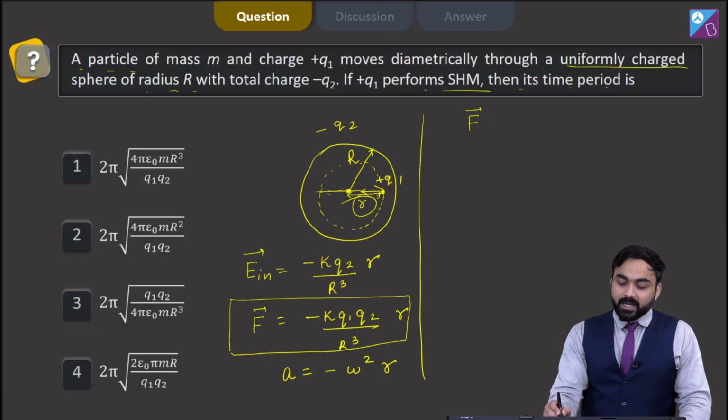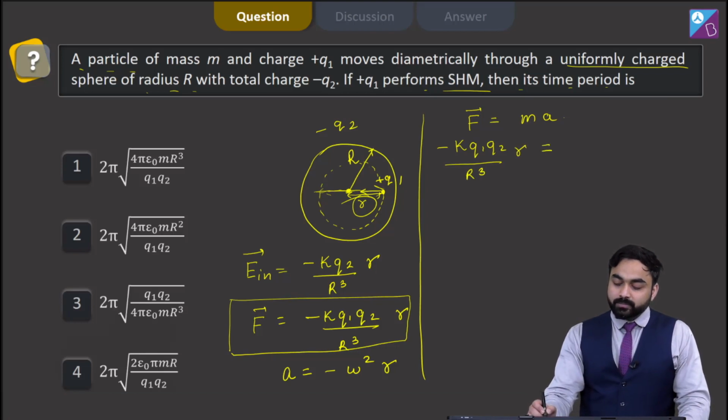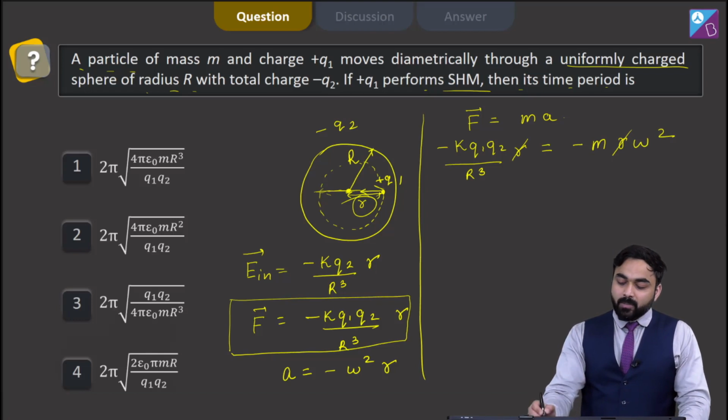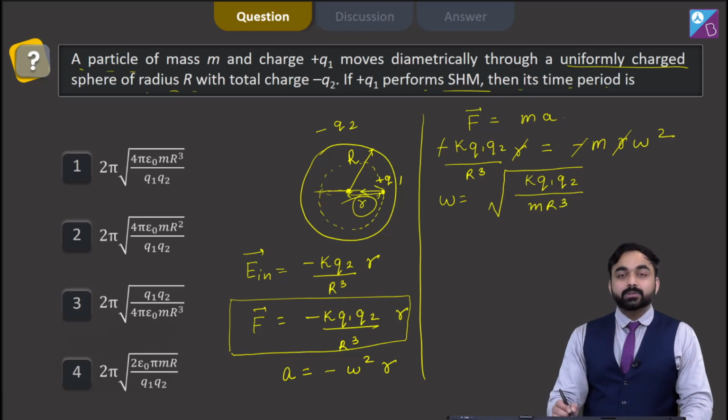We can write F is equal to ma, therefore minus k q1 q2 over R cube into r is equal to minus m r omega square, correct? And this r can cancel out, minus can cancel out, and omega would come out to be under the root k q1 q2 over m R cube.